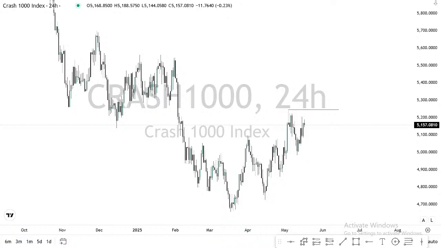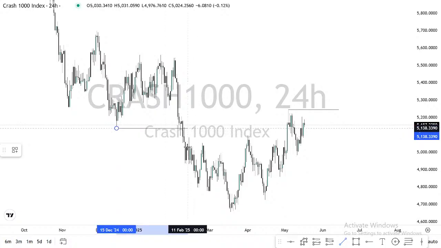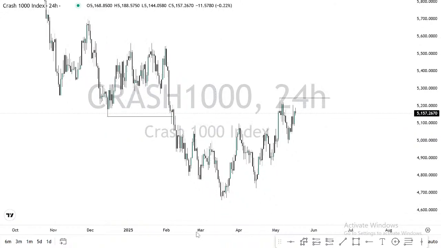Which criteria do you look out for to validate pullbacks in order to mark structures correctly? When market is pulling back, I want to see market break a strong high or strong low in that direction. Let's take for instance, this is break of structure to the downside.